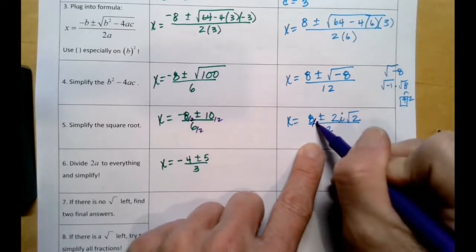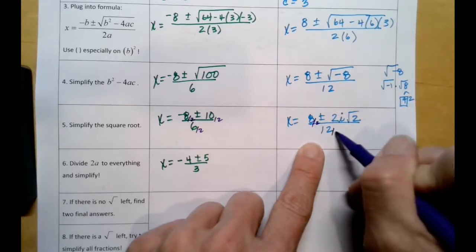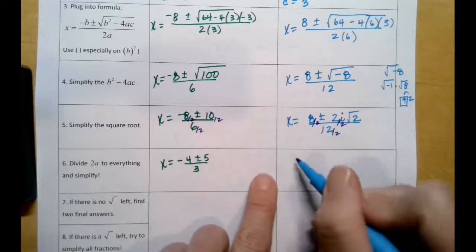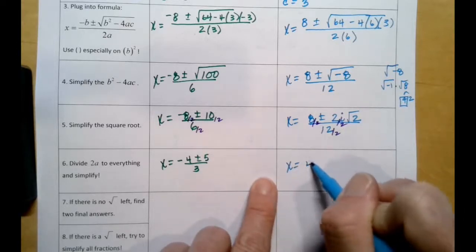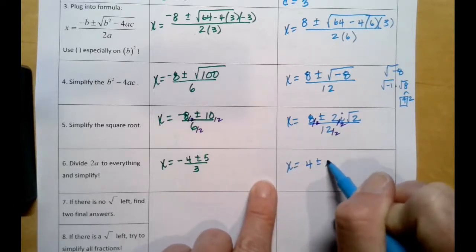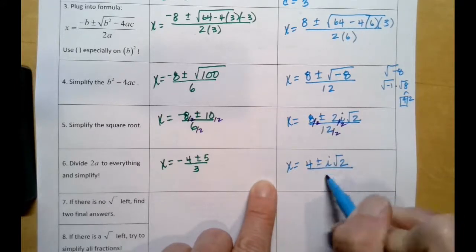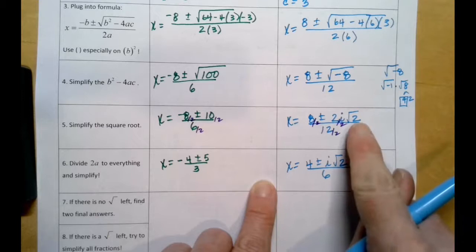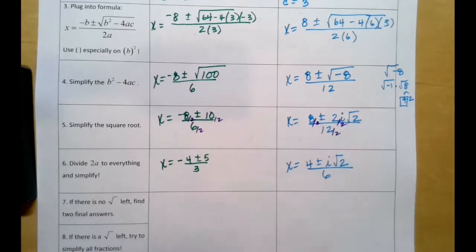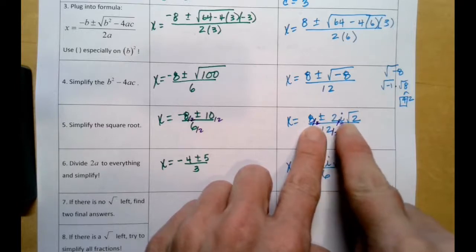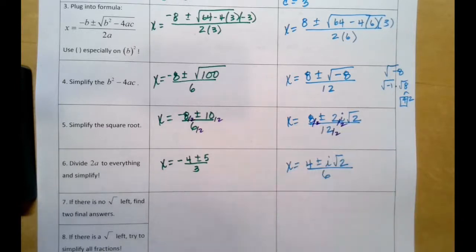I can divide each of these by 2, by 2, by 2. So I end up with x is equal to 4 plus or minus i times the square root of 2 all over 6. That square root of 2, he's protected. We don't divide him by 2 because this 2 cancels out, and this is all one term.